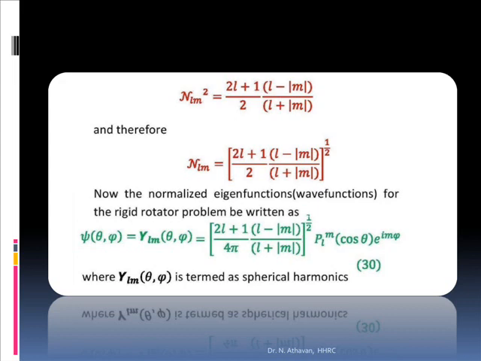Therefore, by combining the solution of the phi equation and the theta equation, we write the normalized eigenfunctions, that is, the wave functions for the rigid rotator problem, as psi of theta, phi, which is equal to Y_lm of theta, phi, which is equal to the square root of (2l plus 1) divided by 4 pi times (l minus mod m) divided by (l plus mod m), times the associated Legendre functions P_lm of cos theta times e to the power i m phi. In equation 30, the function Y_lm of theta and phi is nothing but the spherical harmonic function.